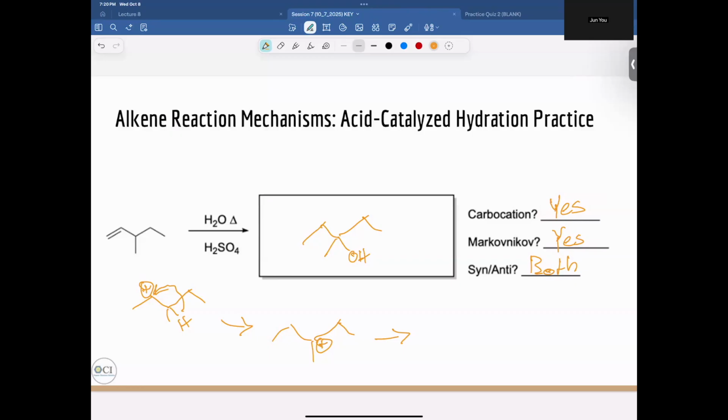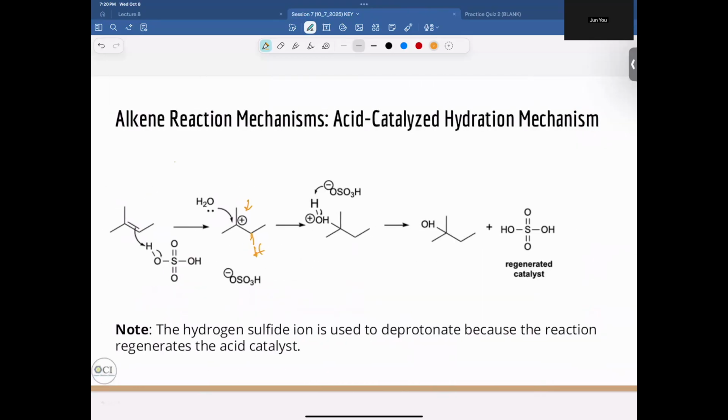So how do you know which parts of the H2SO4? I mean, you can go back and look at the mechanism. So H2SO4, it looks like this. That's just one that's going to show up a lot. What do you mean, like the mechanism? Or like you only use the OH from it. Yeah, so H2SO4 is generally a really strong acid.